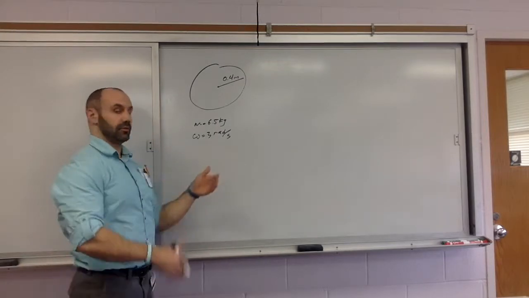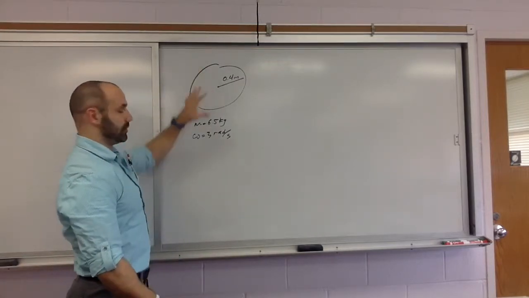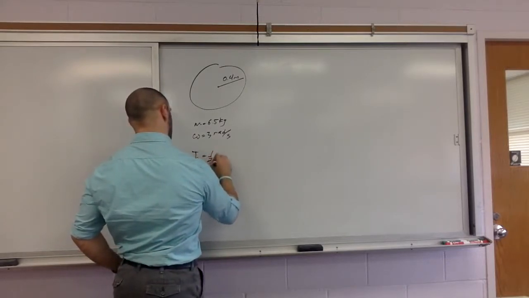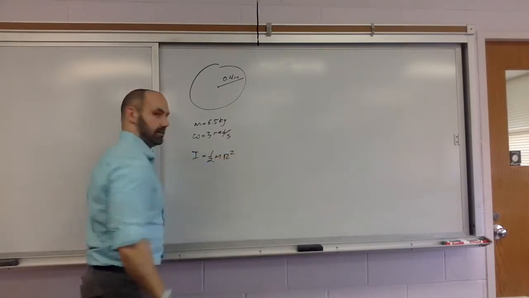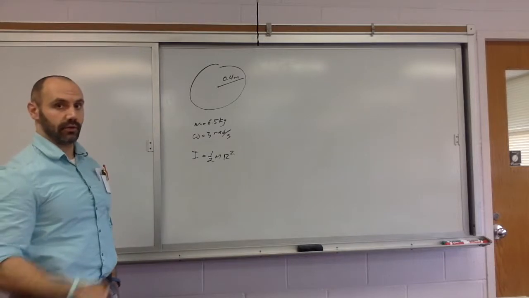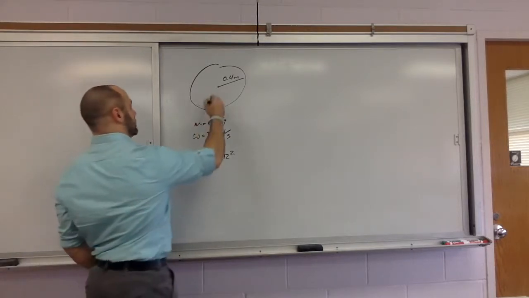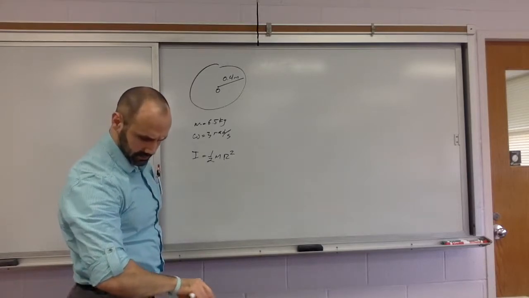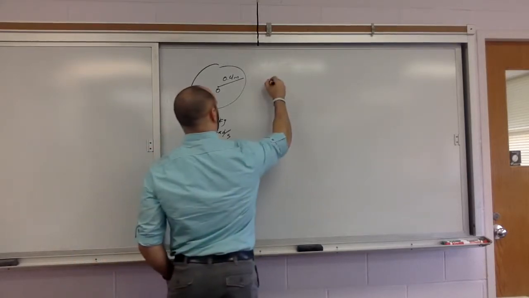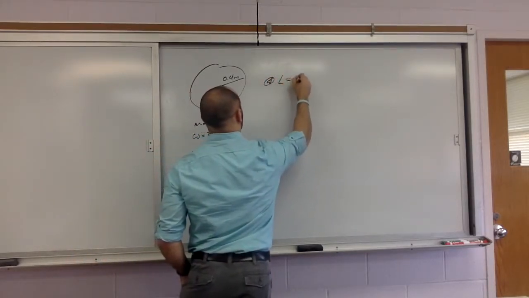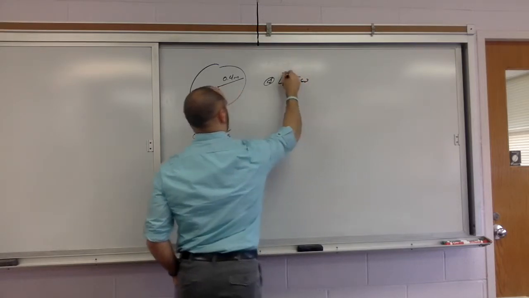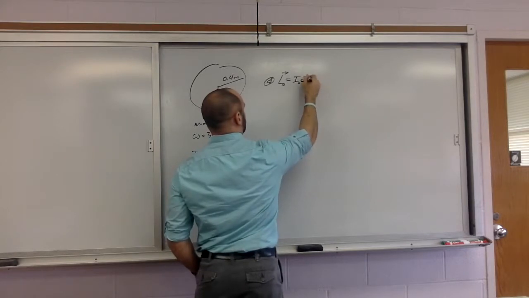So for this, we have a uniform disk. It's a uniform disk, by the way, that means I equals 1/2 mr squared. And I want to know the angular momentum of the disk about the origin for part A. So for A, L equals I omega. We can do these as vectors for now.